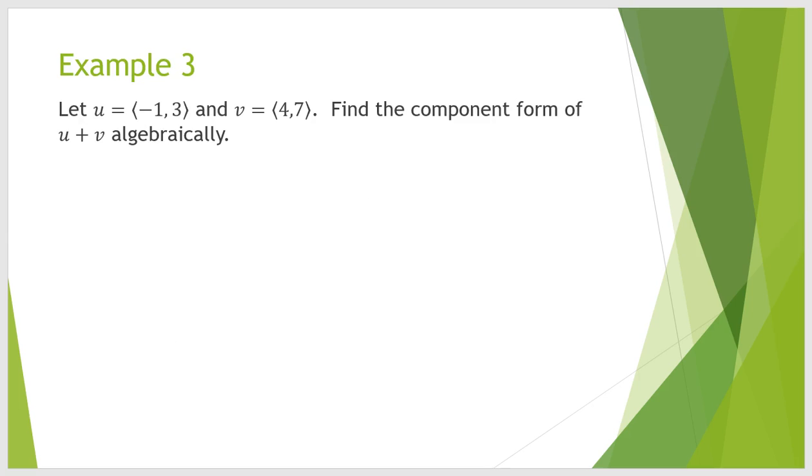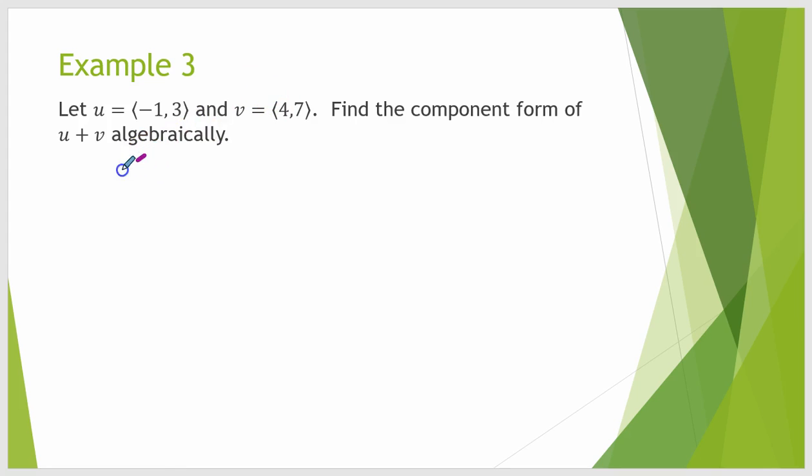Now that we've seen the rules for doing a vector sum algebraically, let's look at an example with some actual numbers plugged in. So here you can see we've been given two vectors, vector u and vector v. Each one has a horizontal piece and a vertical piece. So then the question has said, find the component form of u plus v algebraically.